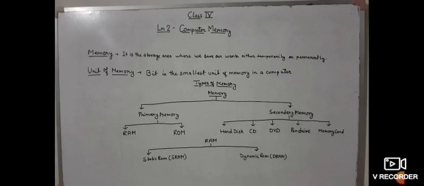Primary memory is further classified into two parts, RAM, random access memory, and ROM, read-only memory. Secondary memory is classified into different parts like hard disk, CD, DVD, pen drive, memory card, and so on. Some more types of secondary memory are also available.